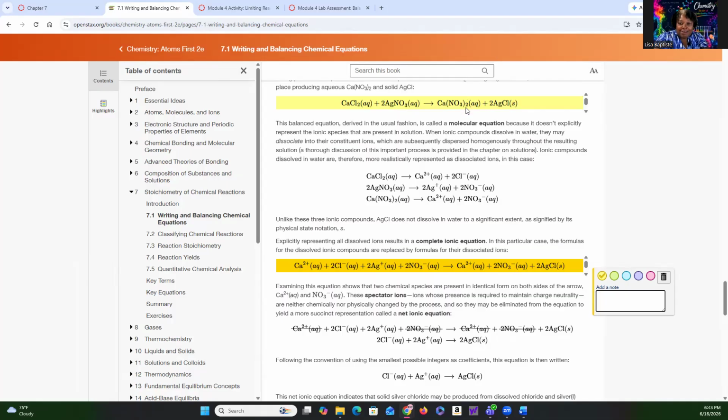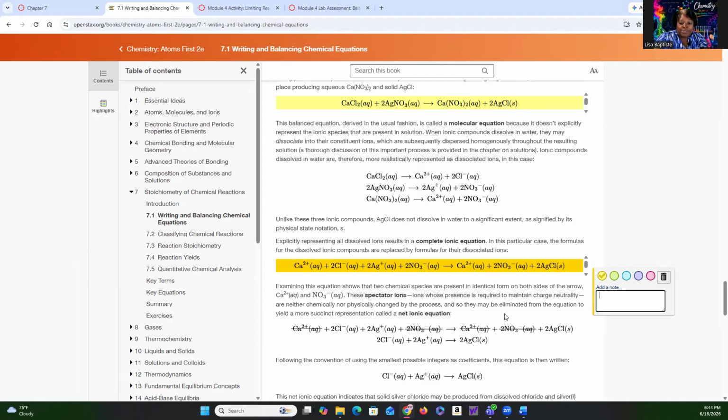The subscript outside of the parentheses becomes the coefficient, okay? Because that lets you know that it is a subscript for the entire compound, all right? The NO3 you keep intact, but that 2 on the outside becomes the coefficient, so 2NO3 minus aqueous. Plus the solid, you keep it as it is, all right? So that is your complete ionic equation.